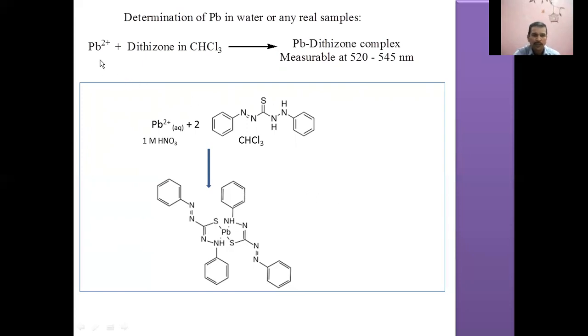The lead which was present in the aqueous sample has been extracted into chloroform with dithizone, and by extracting lead with dithizone into chloroform, a colored species has been obtained. This is how the concentration of metals can be determined by spectrophotometry, but prior to spectrophotometric determination, the liquid-liquid extraction technique will be employed.